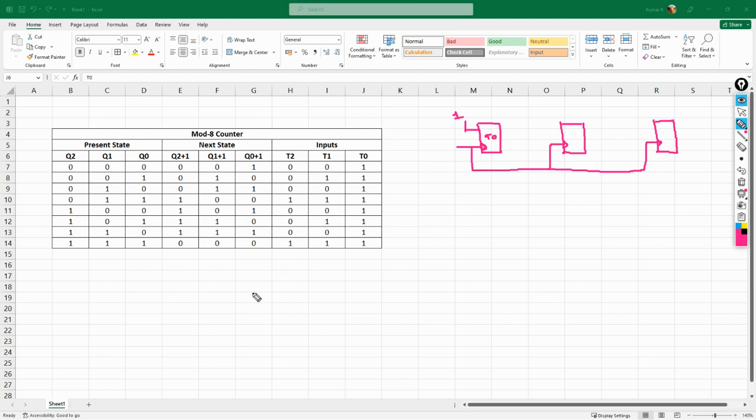Now to use K-map, you are supposed to use Q2, Q1, and Q0. Now this is going to be 0, 1, 3, 2, 4, 5, 7, 6.